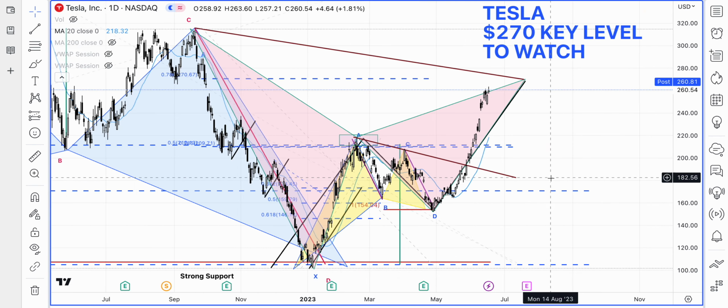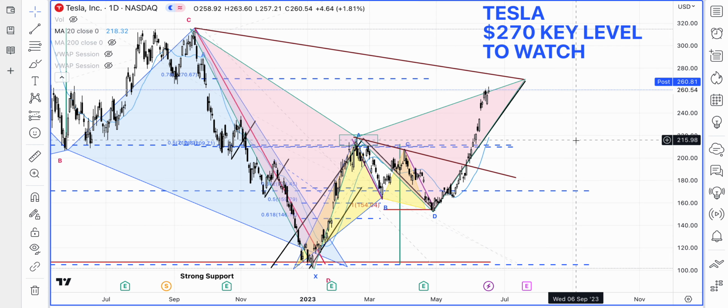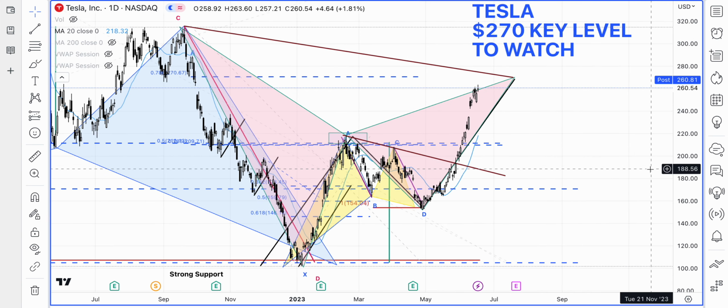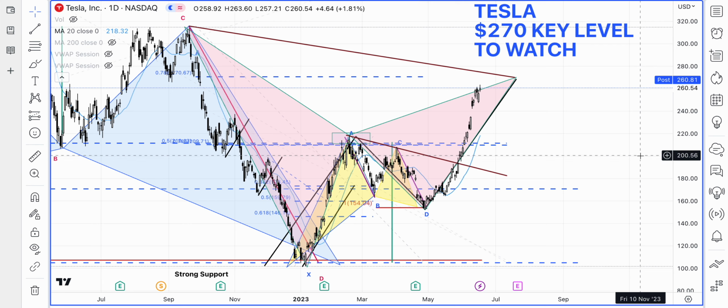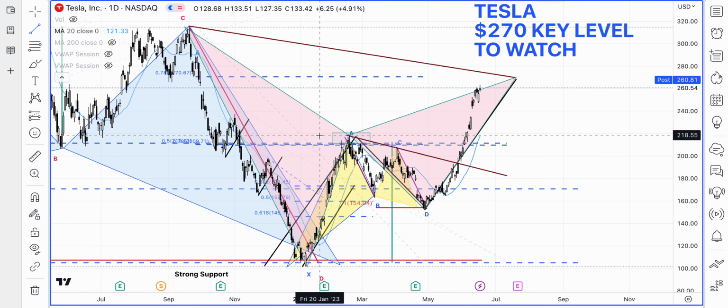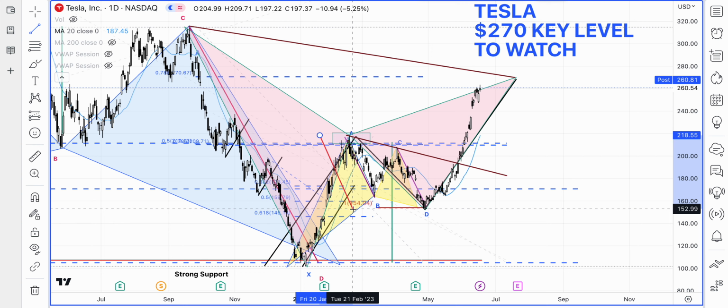So one of the things that we were looking at was, for example, if there is a pullback, then around what levels we can expect some sort of a correction or a pullback to take place. One of the ways to look at this is that in this entire pattern formation, this is the highest, and in terms of dollar values, the correction that took place was this much.